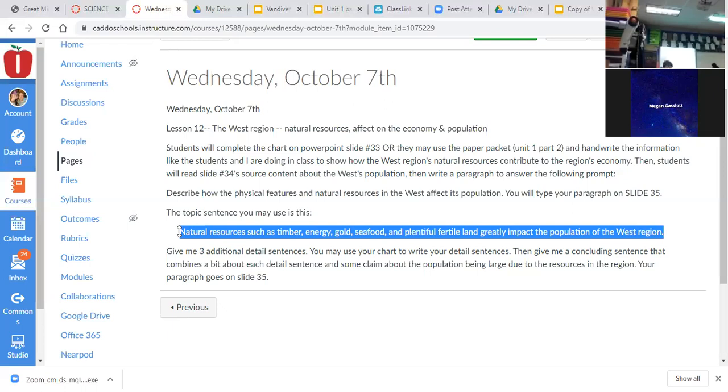Plentiful means lots of. I'm going to get to that in a second.